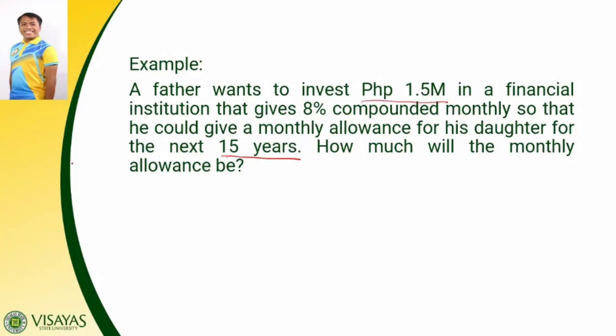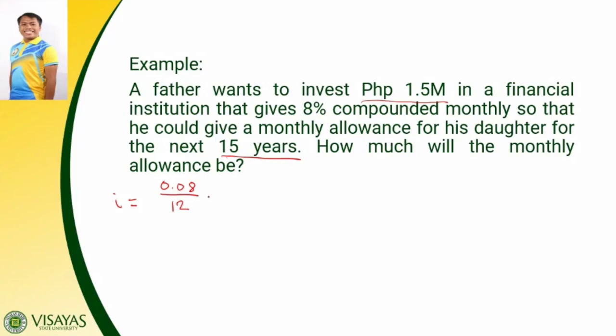The rate of interest is 0.08, the 8% again. We convert the 8% to decimal, over 12, compounded monthly, and in a year there are 12 months, right?